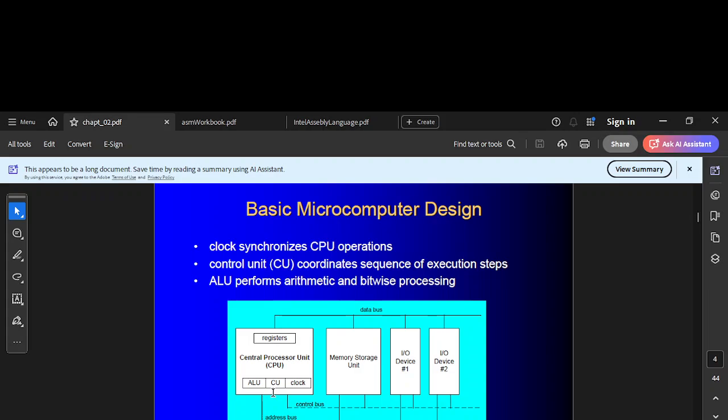I said instruction set is the set of instructions a CPU is able to execute, and the unit within the CPU that does that is the control unit. So the instruction architecture or the instruction set is domiciled in the control unit.